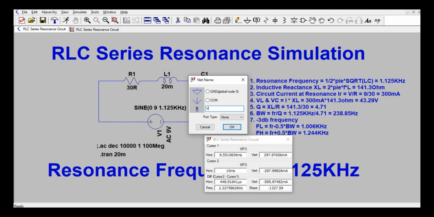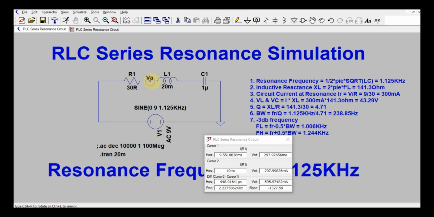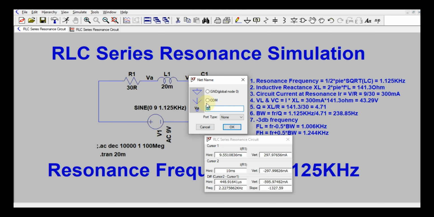This is node VA. Okay, this is node VA, this is node VB, and this is node VC. So just rename: this is node VB and this is node VC.